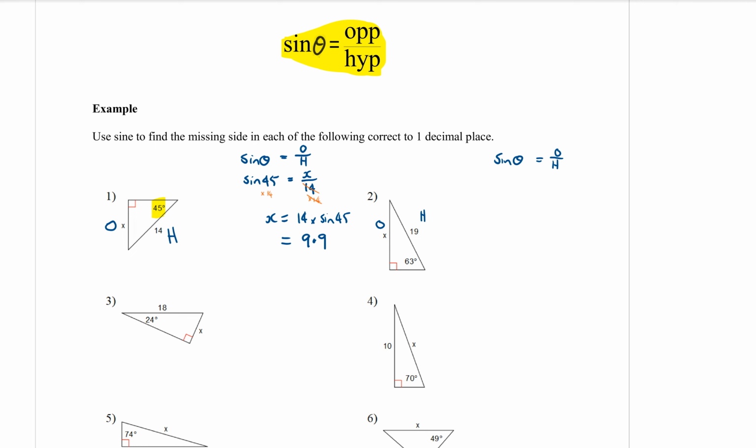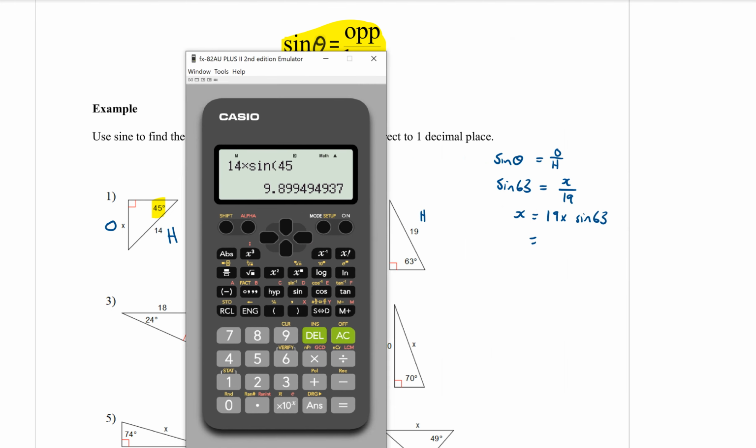The theta is the 63 degrees, so sine 63 equals, the opposite is the one that has the x on it from the diagram, x over the hypotenuse is 19. Okay, the third line is to times that 19 to be with the sine 63. So x equals 19 times sine 63. And the final step is to type that into the calculator.